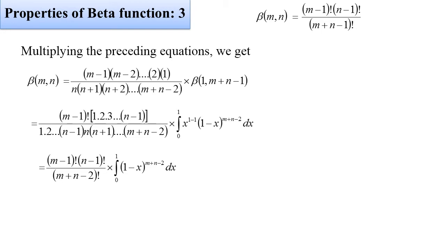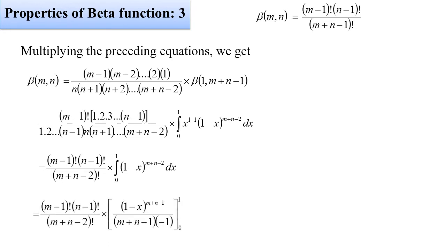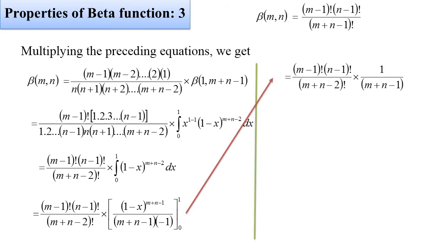This is the simple integration that we have. What we get, the integration of (1-x)^(m+n-1) upon (m+n-1) into minus 1. When we put the limit at 1 it will be 0, at 0 it will be like that: (m-1)! (n-1)! upon (m+n-2)! into 1 upon (m+n-1).